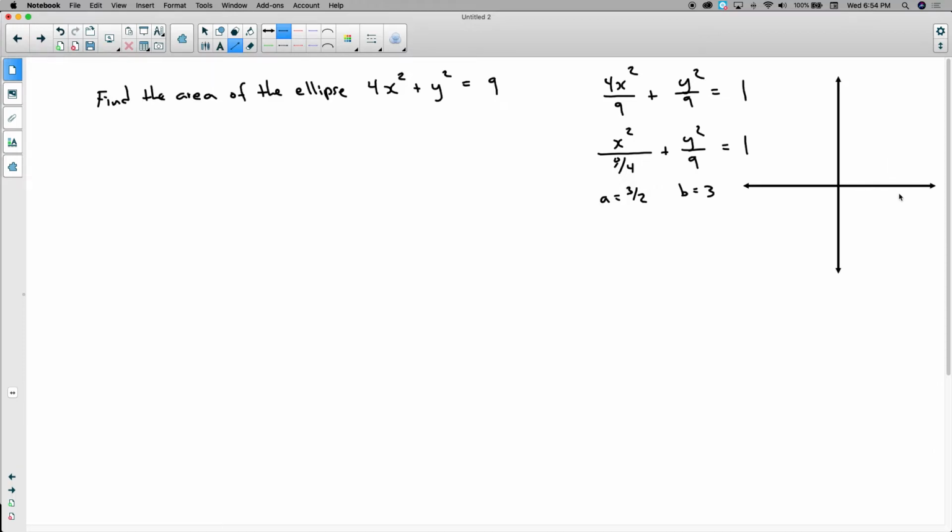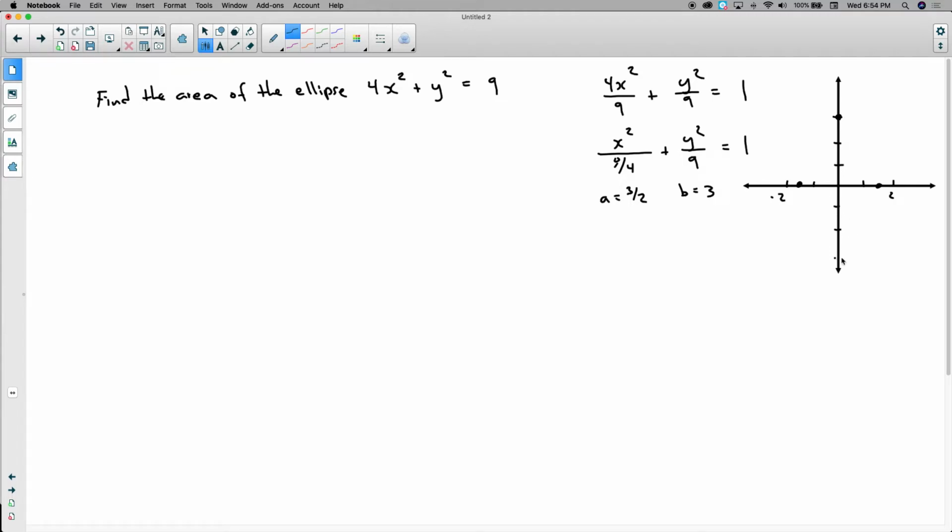So the ellipse has these qualities where underneath the x, the a value is 1.5. So the ellipse will go out to 1.5 and -1.5. And underneath the y, the b value turned out to be 3. So the ellipse will go up to 3.